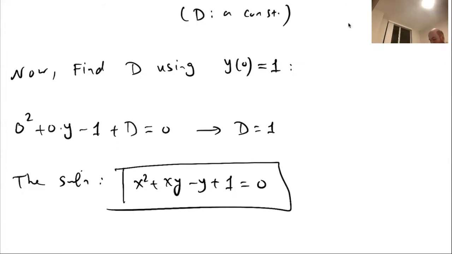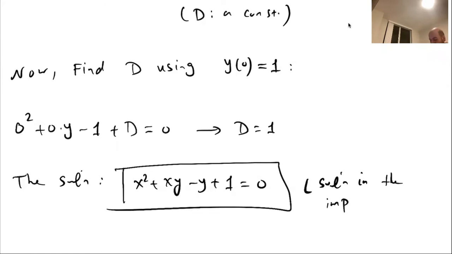And this equation right now is written in an implicit form. If you remember, I've said before that our preference is to have an explicit form. But if an explicit form is not possible, then we can leave the answer in implicit form.